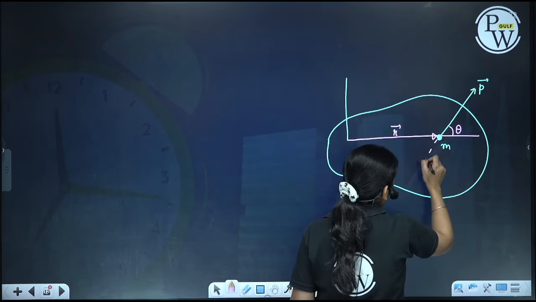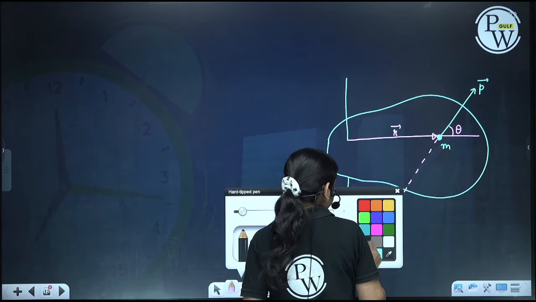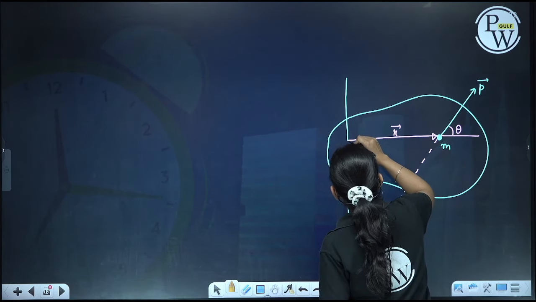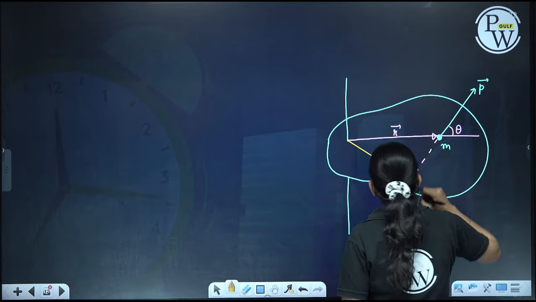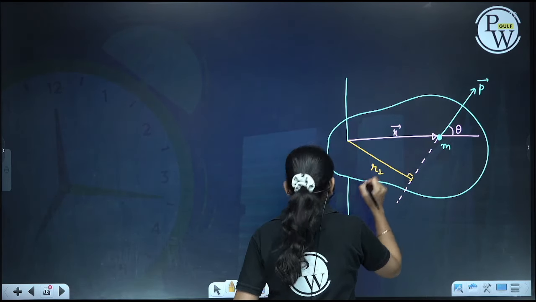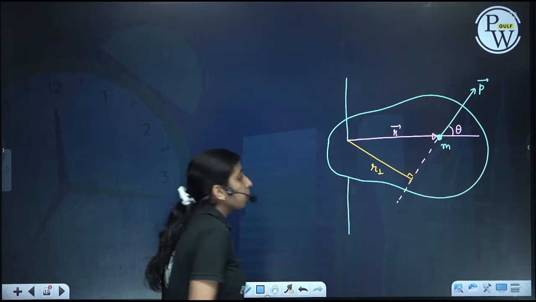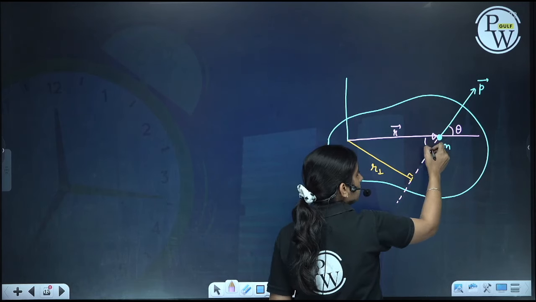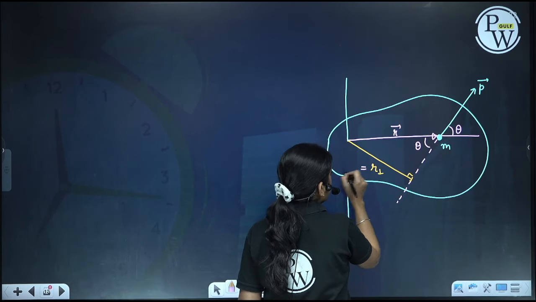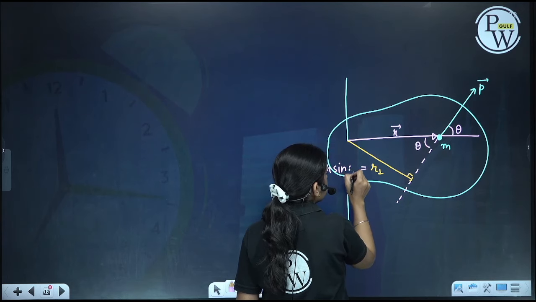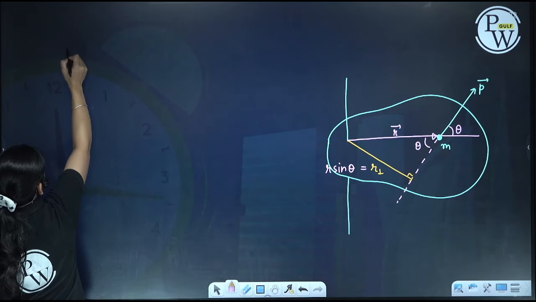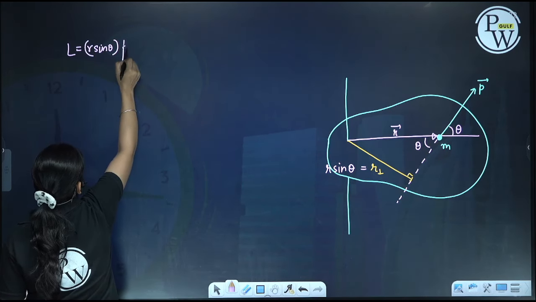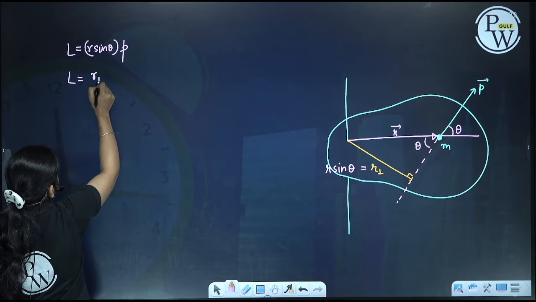Either you can resolve the p vector, or you can draw the perpendicular from the axis of rotation onto the line of action of the linear momentum. You can call this r perpendicular. Now this angle is theta, this angle will also be theta. So r perpendicular will be equal to r sine theta. So we can write angular momentum as r sine theta into p. So simply it will be r perpendicular into p.